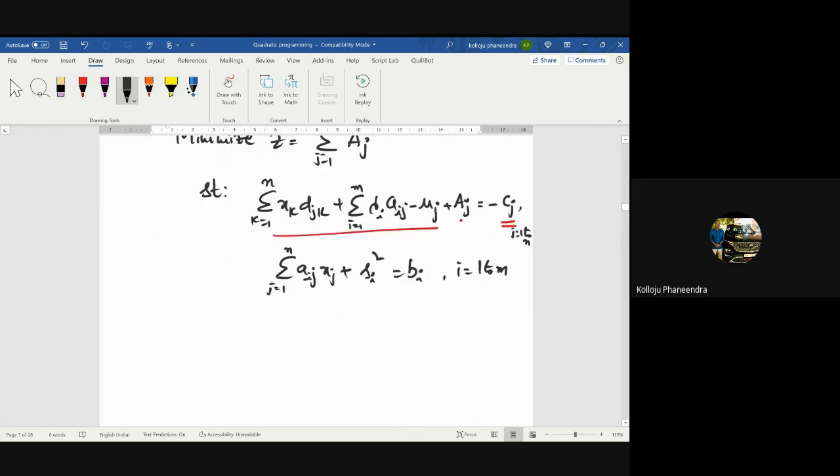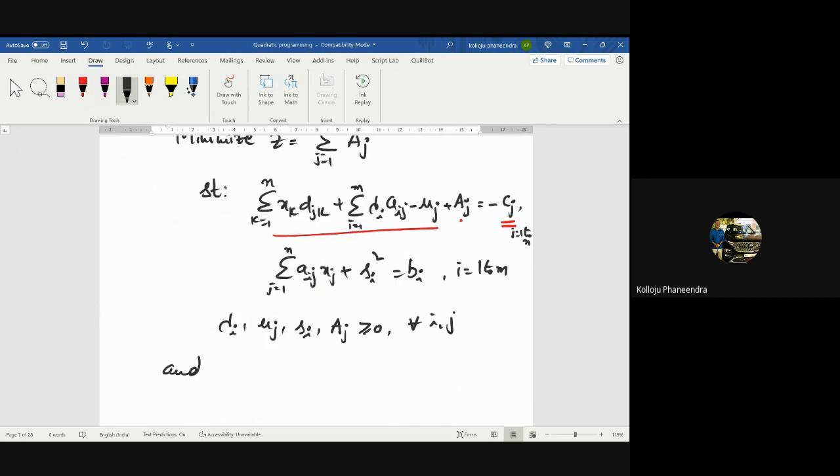And the remaining ones: all of lambda i, mu j, si, and capital Aj are greater than or equal to 0 for all i, j.